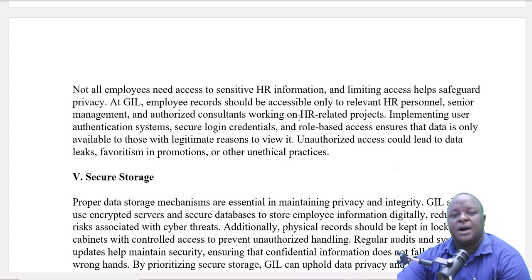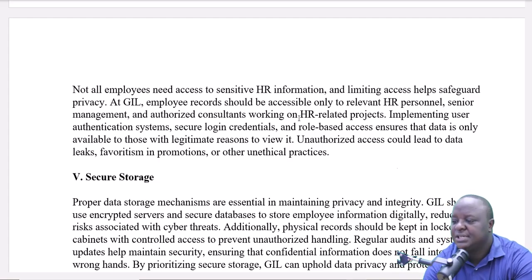Implementing a user authentication system, secure login credentials, and role-based access ensures that data is only available to those with legitimate reasons to view it. Unauthorized access could lead to data leaks, favoritism in promotions, and other unethical practices.